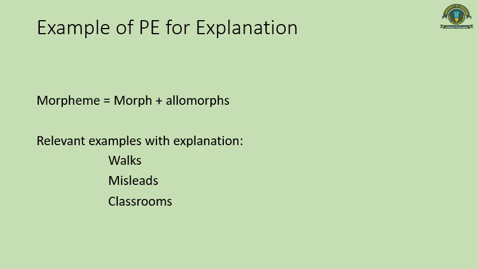In this word walks, we have a morpheme attached to it. To differentiate between the morphemes, we can do this: walk, the verb walk, and then we have s, the third person singular for the present simple tense.